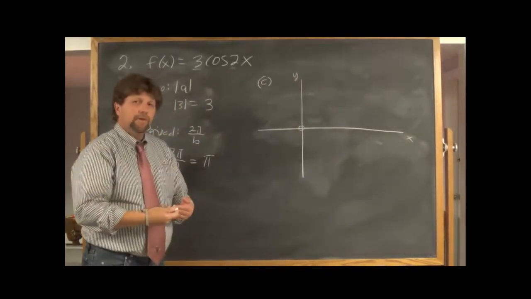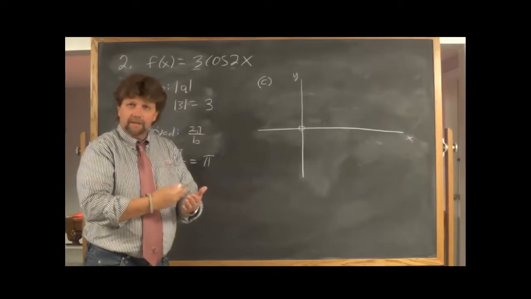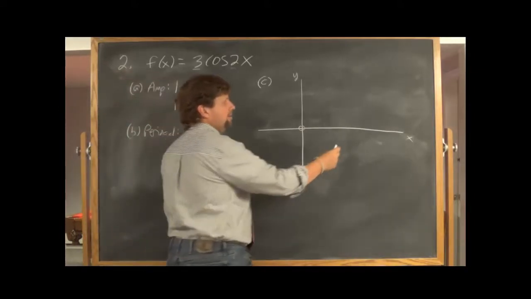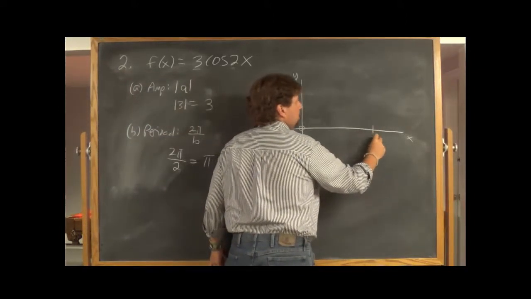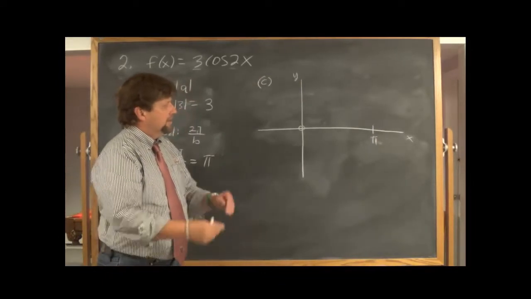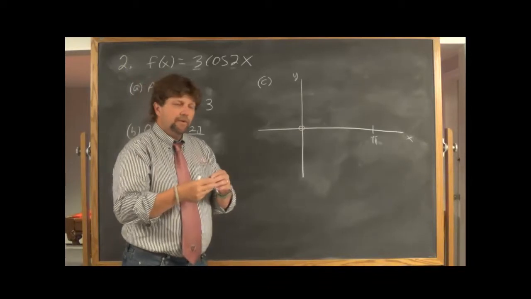The right endpoint of one period is nothing more than that left endpoint plus the period. So since the period was pi, the right endpoint is pi. To get the other quarter points, I do it without really using a formula.